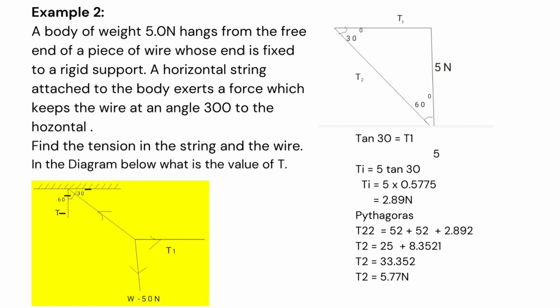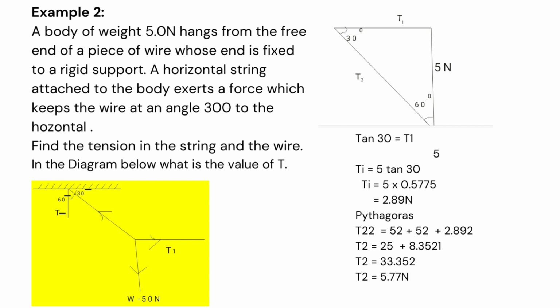So this one too, we have to rearrange it to form a triangle. The angle which the string makes with the wall is 30 degrees. So using our SOHCAHTOA, we can say T1 is equal to 5 tan 30 degrees.